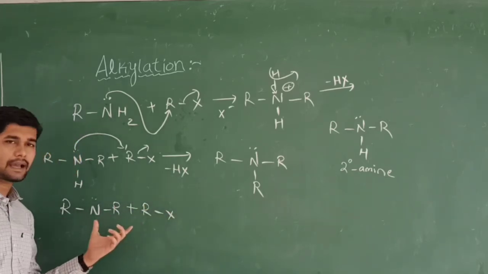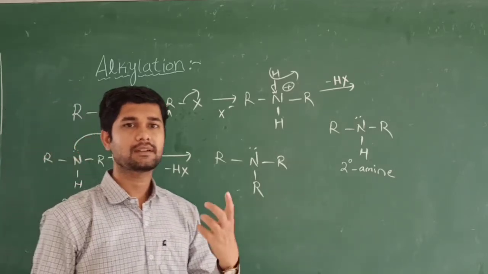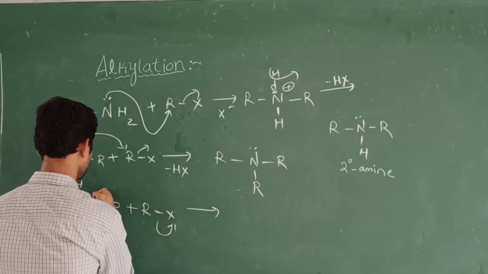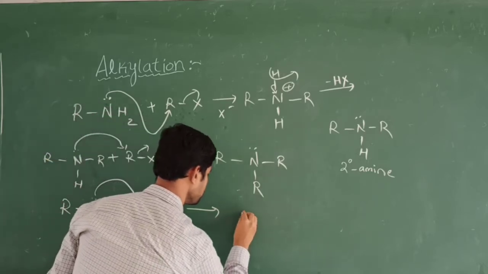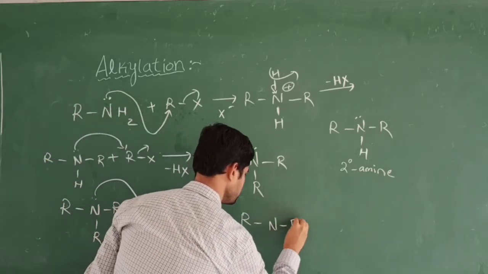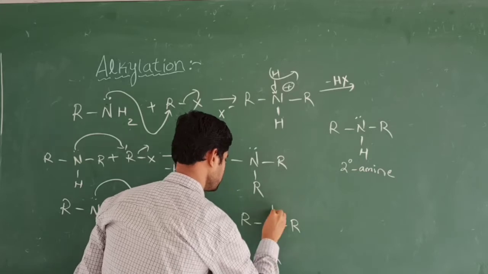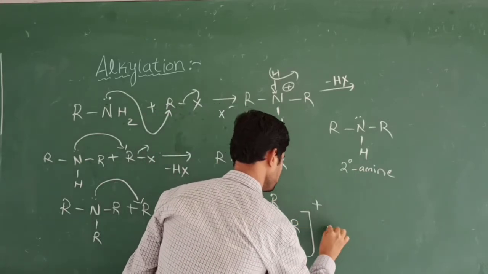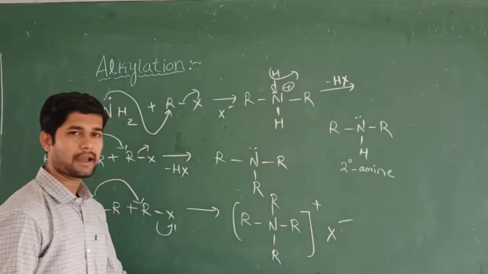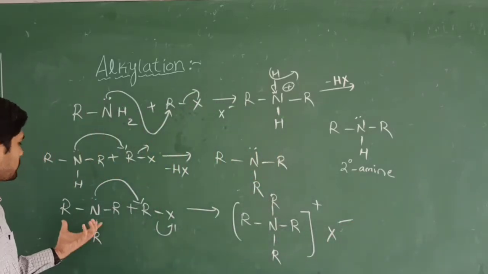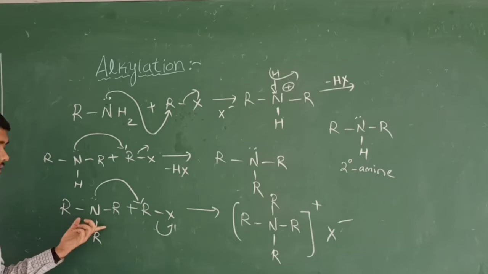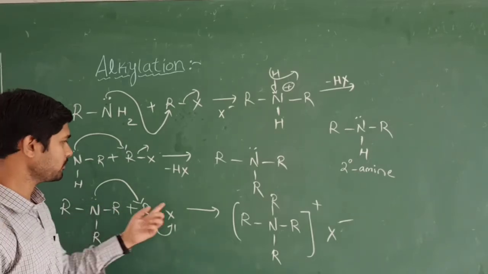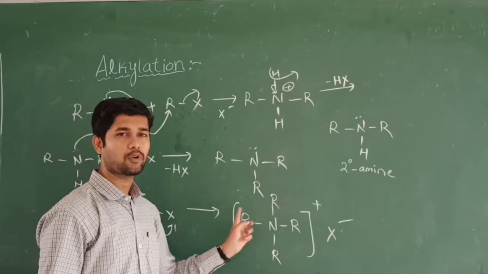I mean four alkyl groups will be attached to the nitrogen atom. Like this we get the product. Here three alkyl groups are already there, and when the nitrogen lone pair of electrons reacts with the alkyl group, we get ammonium salts.